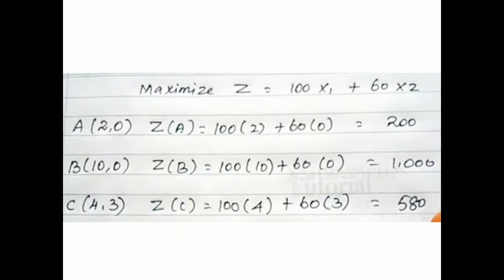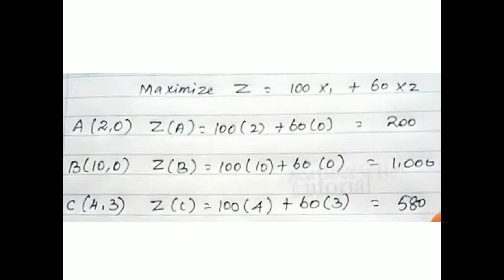Next I'll take the objective function, that is 100x1 plus 60x2 as given in the question, and I will put all the 3 corner points A, B, C in the objective function. Since A represents the point (2, 0), that is x1 is equal to 2 and x2 is equal to 0, after solving I get the objective function equal to 200.